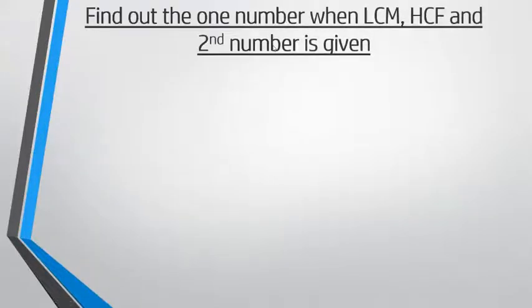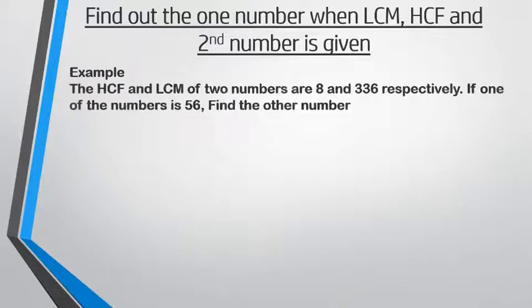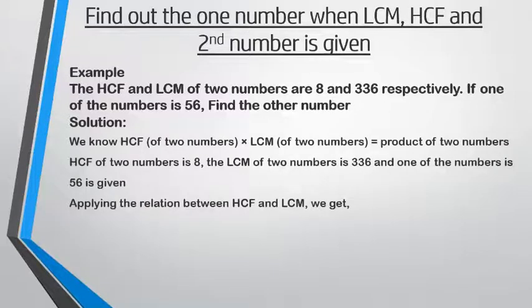Now we will learn to find the first number when the LCM, HCF and the second number are given. We'll learn by an example. The HCF and LCM of two numbers are 8 and 336 respectively. If one of the numbers is 56, find the other number. We know that the HCF of two numbers into the LCM of two numbers is equal to the product of both the numbers.